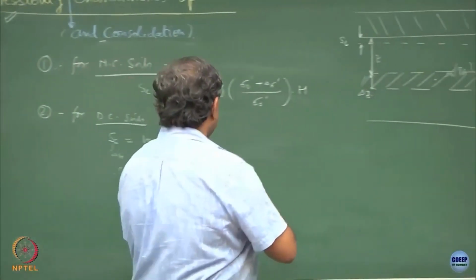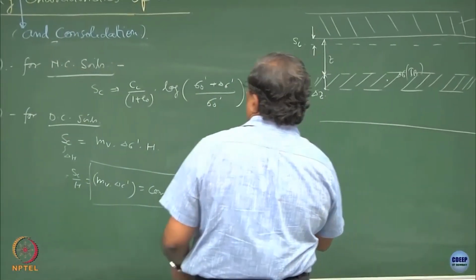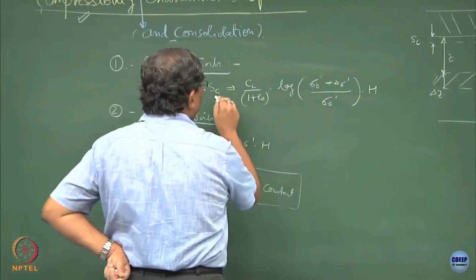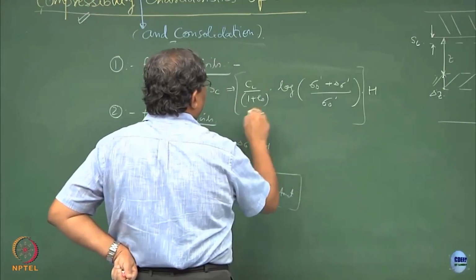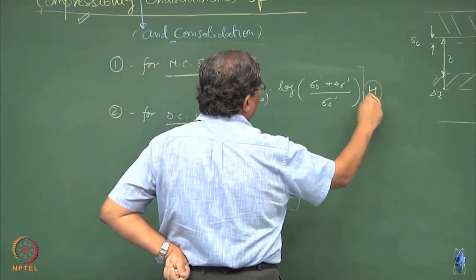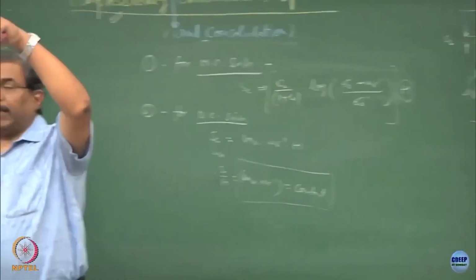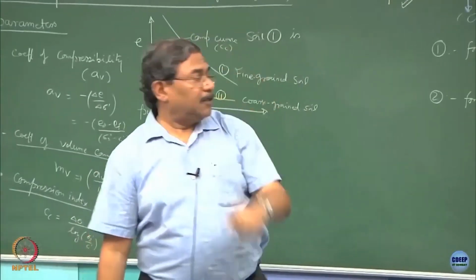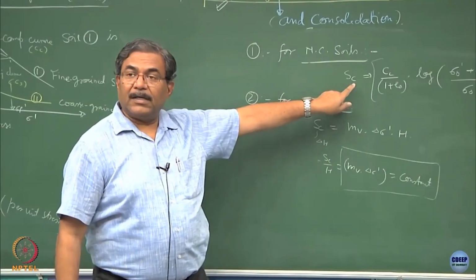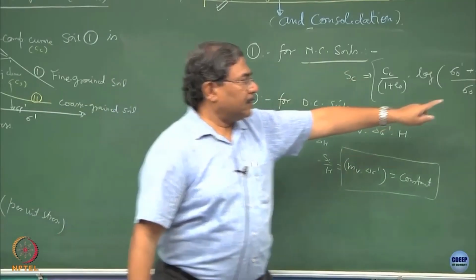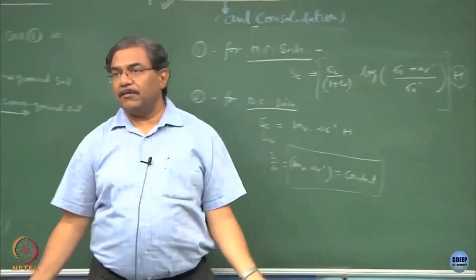How does settlement depend upon H, height? You must have noticed what we have done. We have multiplied this factor with H, is it not? So, if H is going to be more, a very thick deposit of the soil, you should be expecting very high consolidation settlements for the given properties. If H is small, consolidation settlement will be small.